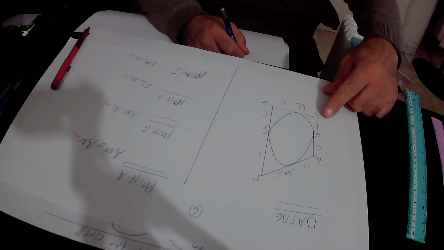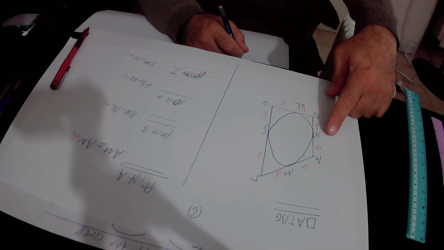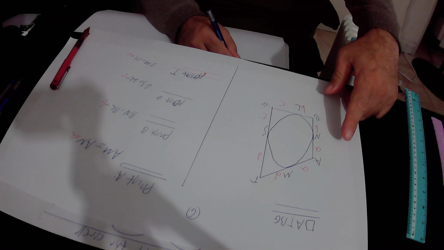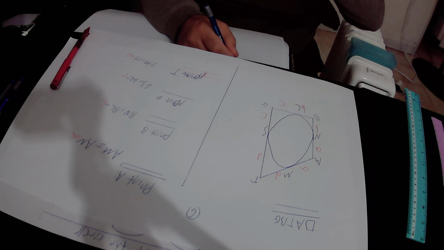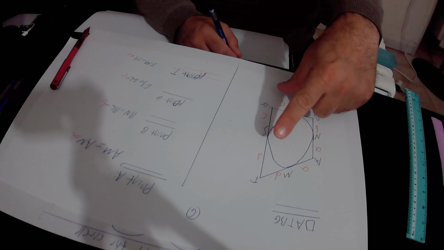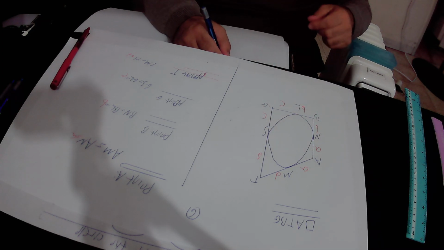From the drawing it is easy to see that this side AB equals a plus b. Plus TG. What is the value of TG? From the drawing it is easy to see that TG equals c plus d.